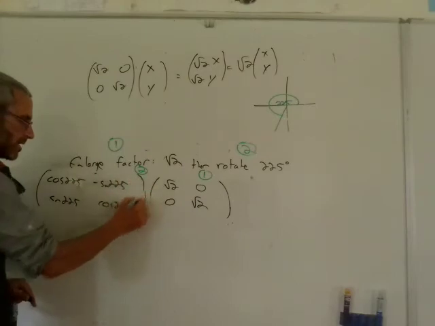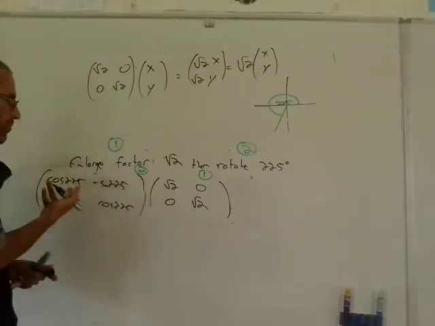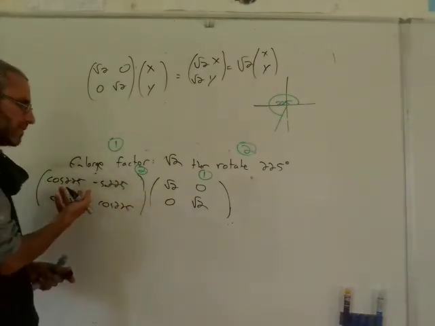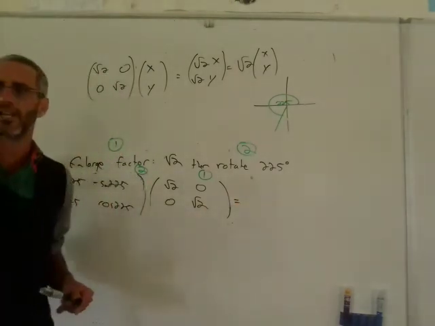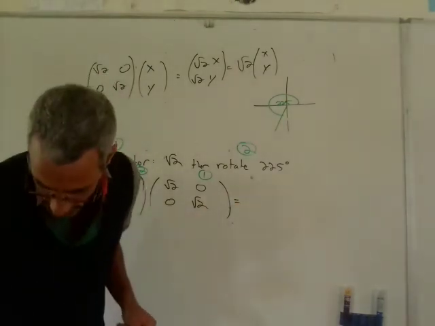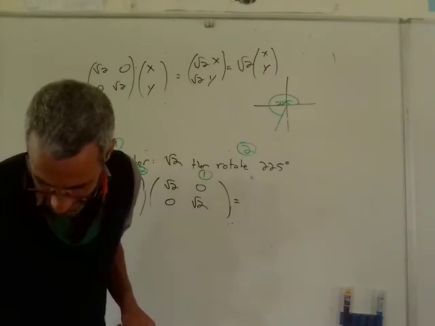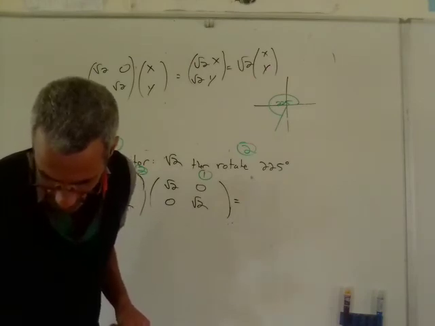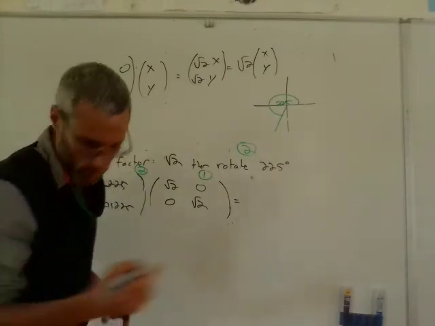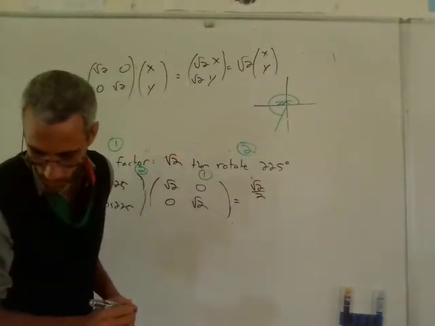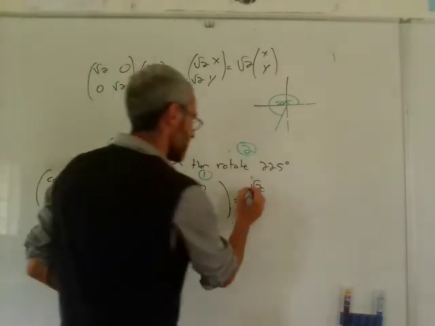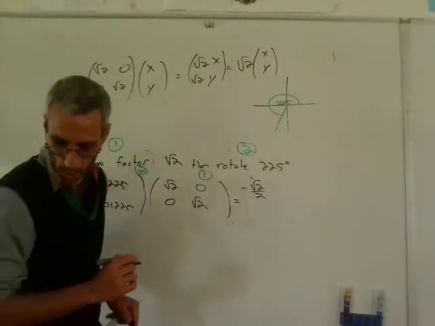Now, I can already put in what cos 225 is. You can put it in the calculator. I've done it. What you get is minus square root 2 over 2.